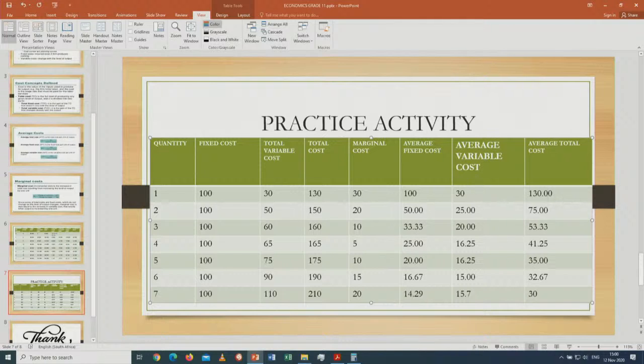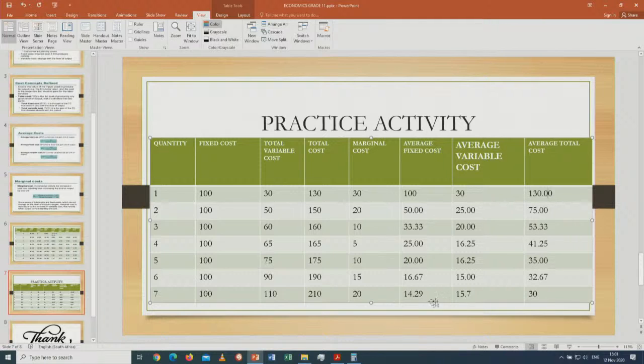The average variable cost, therefore, we go back and look for the total variable cost, which is the 60. And then how many units did we produce? 3. We divide by that, then it gives us this. And the average total cost, like we said, if we add the two, it must give us our average total cost, which is the combination of our averages of the variable and the fixed cost.